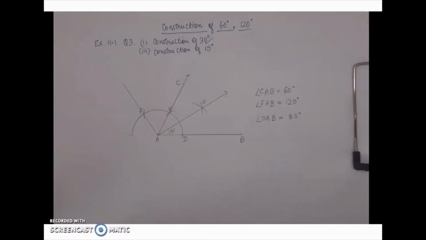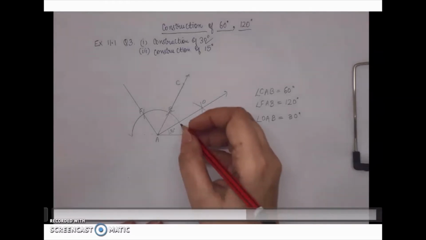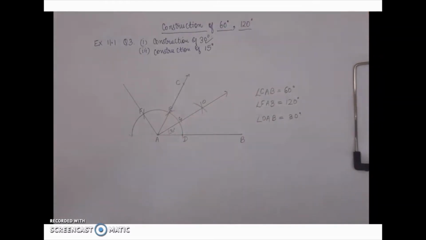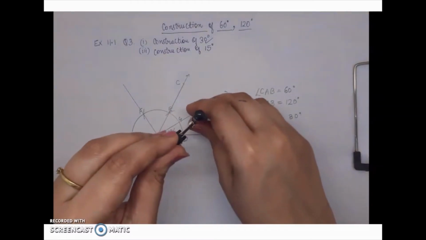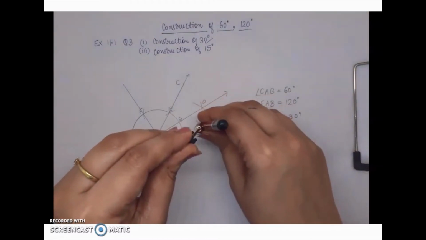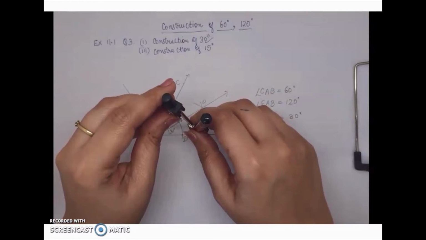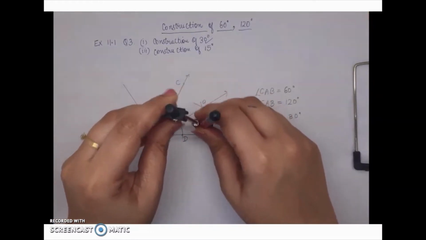Now further, if I need to construct 15 degree, then I have to further bisect 30-degree angle. If I bisect 30 degree, I will get 15. So that means arc GD I am bisecting.